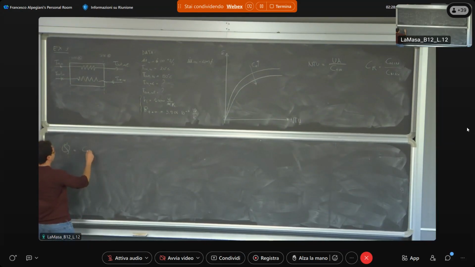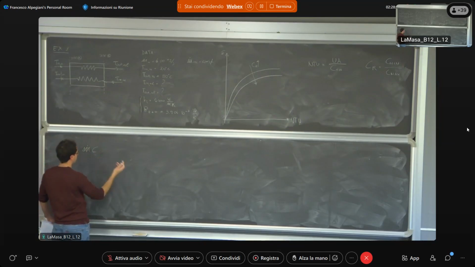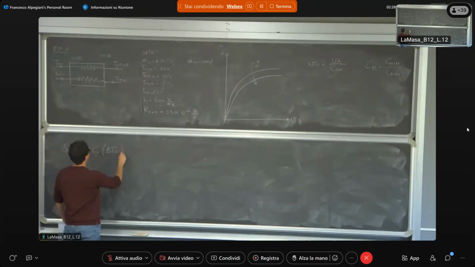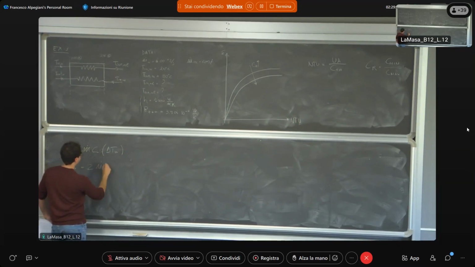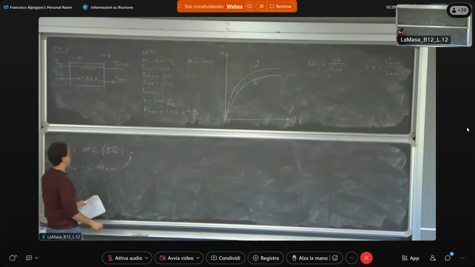So it could be m in off-design condition times Cp of the water, which is 4,186, and the delta T of the water. Since the delta T in off-design condition remains the same, and the mass flow rate of the water in off-design condition is 2 times the mass flow rate of water in nominal condition, we can for sure say that the thermal power will be 2 times the nominal power.